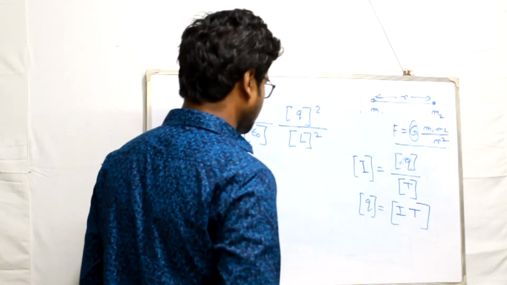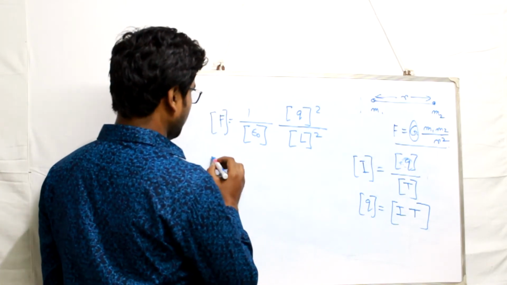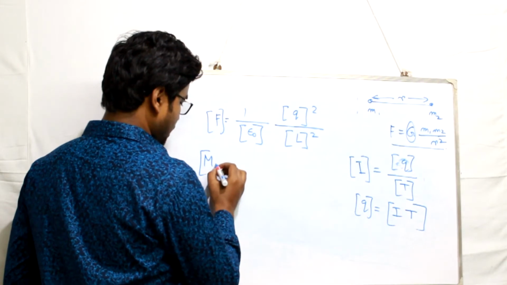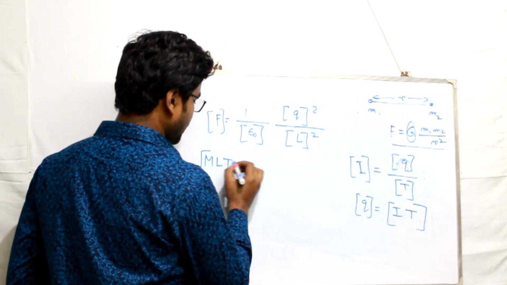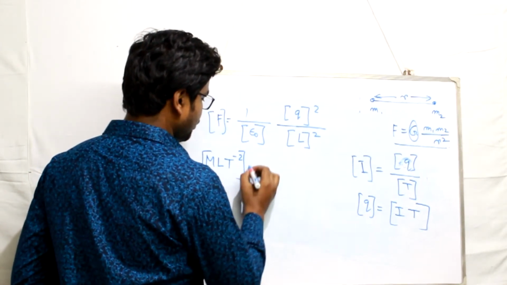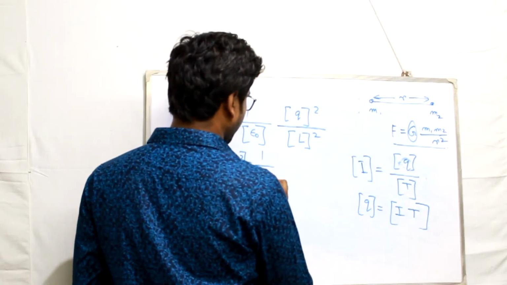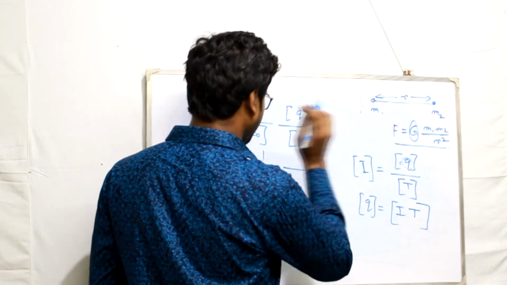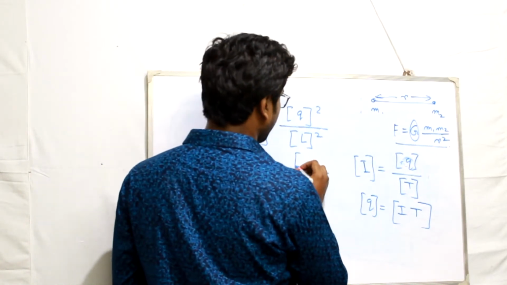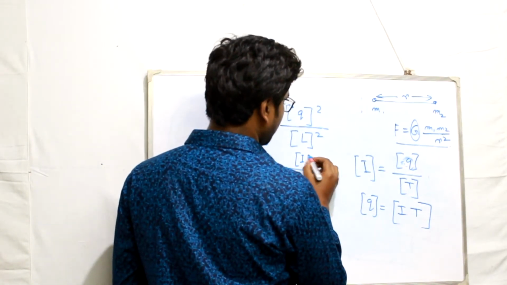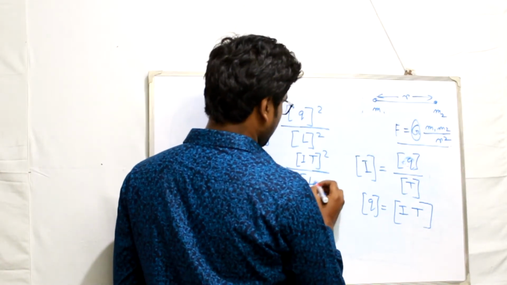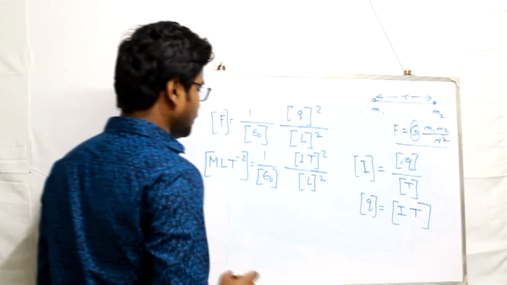So we put the dimension of F as m l t to the power minus 2, equal to 1 by epsilon, and the dimension of q as I t square by L square.